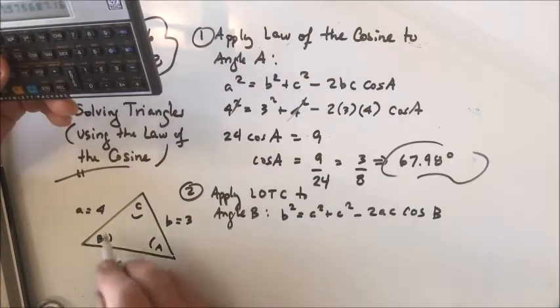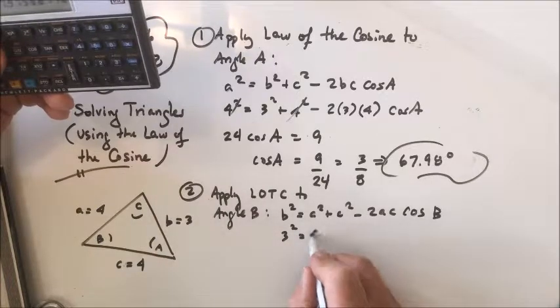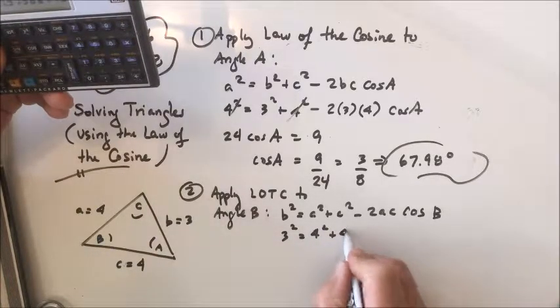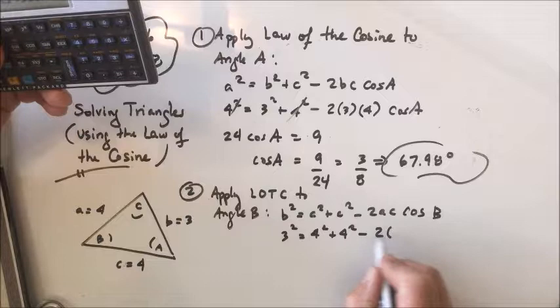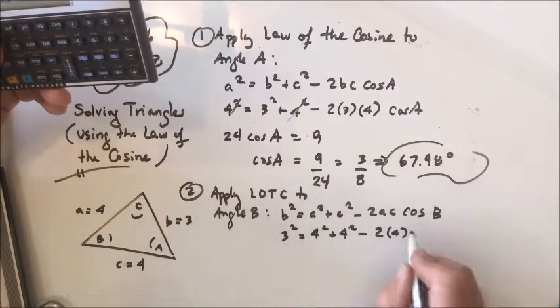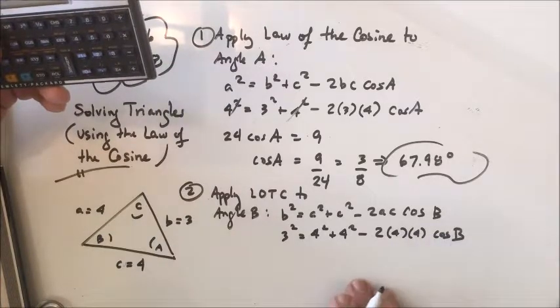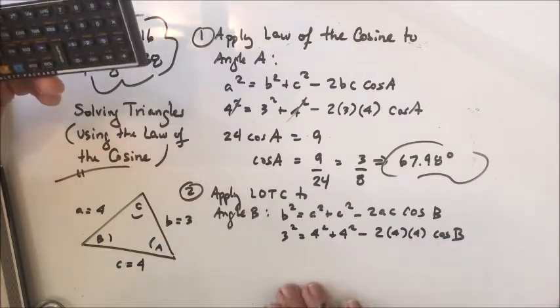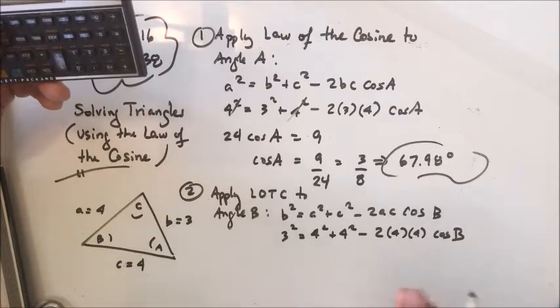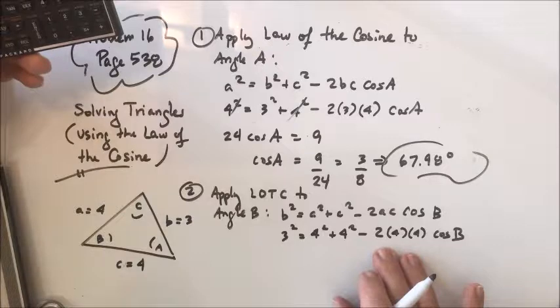Let's do it again here. What is B? B is 3 squared is equal to 4 squared plus 4 squared minus 2 times A times C times the cosine of B. I've got to isolate cosine of B again, so I can take the arc cosine and find B. How am I going to do that?